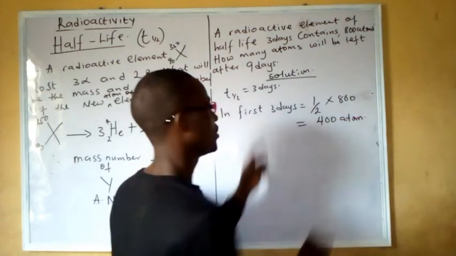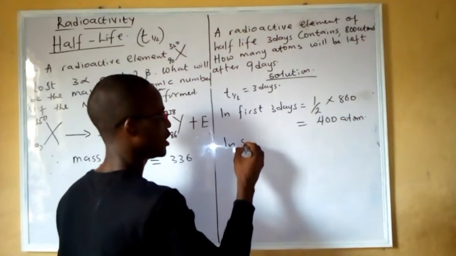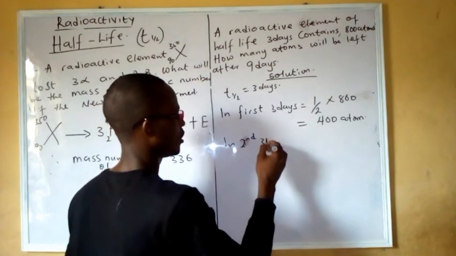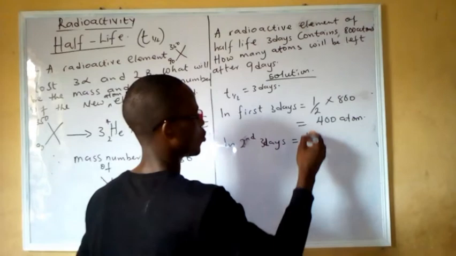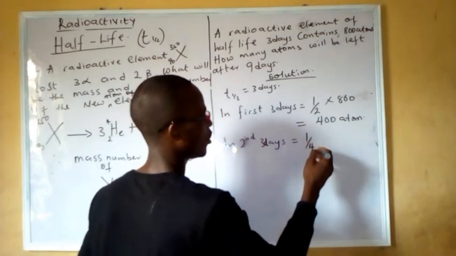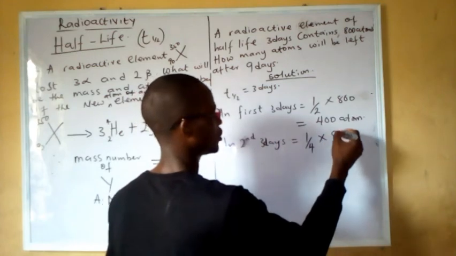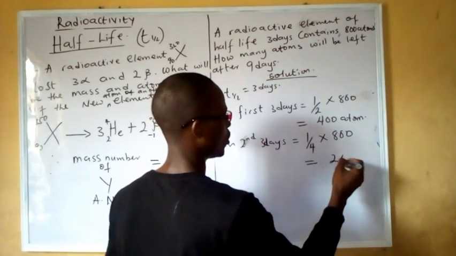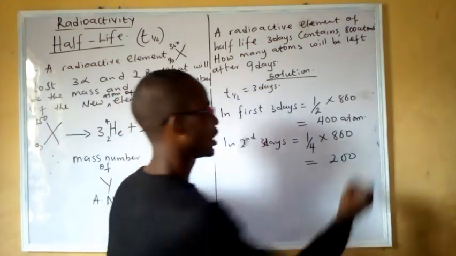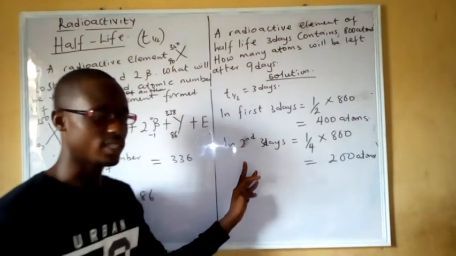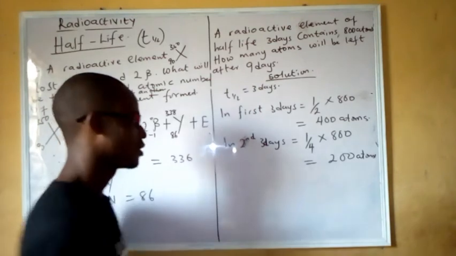In the second 3 days, 1/4, that is half of half, so 1/4 times 800 will be left, and that will be 200 atoms.